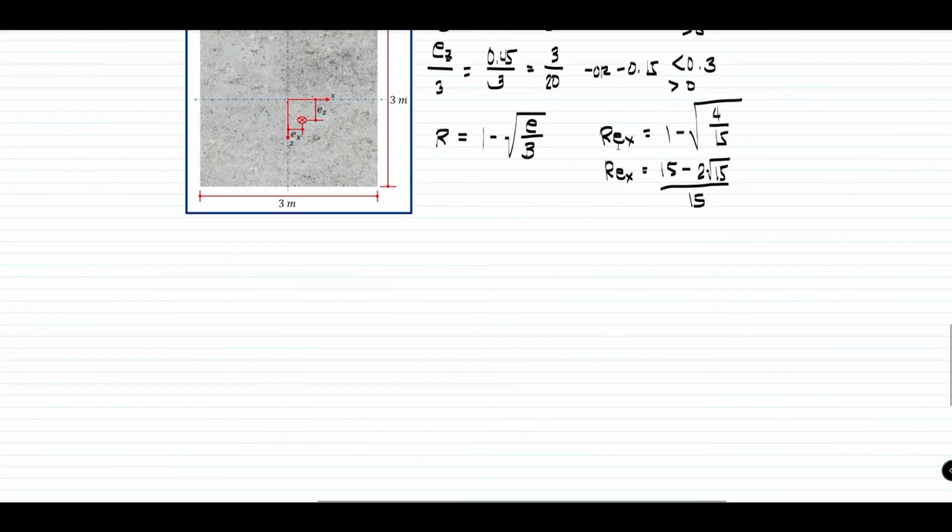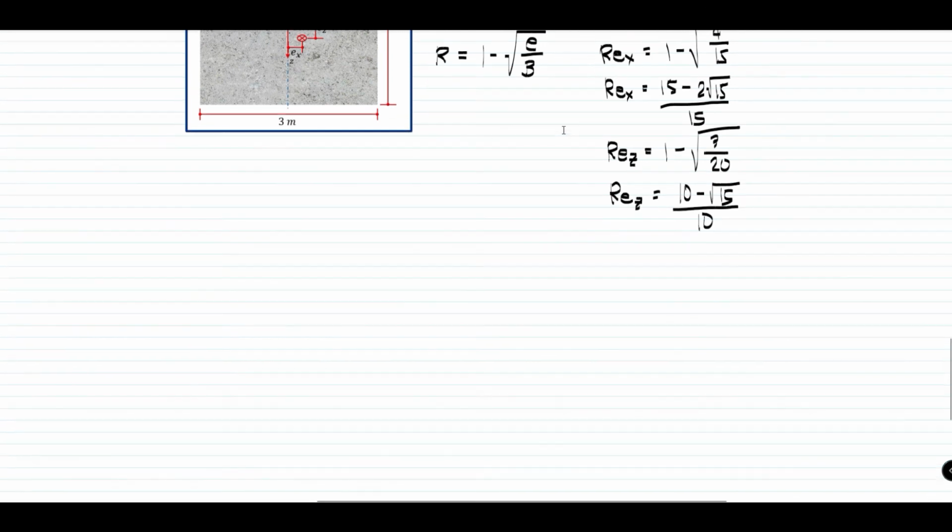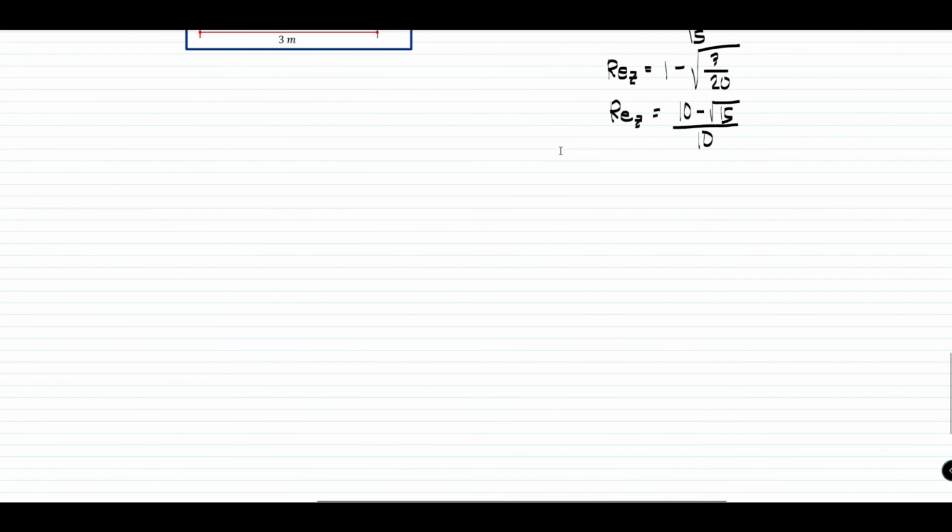Yung REZ naman natin will just be equivalent to a value 1 minus a square root of E sub Z over L. So, yung E sub Z natin will be, ito yung 3 over 20. So, 3 over 20. So, that is just equal to an REZ of 10 minus square root ng 15 over 10. So, yan na ngayon yung ating reduction. Now, getting our QU eccentric.